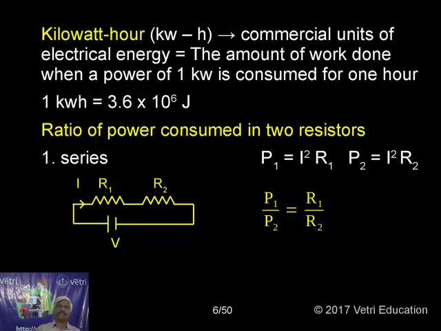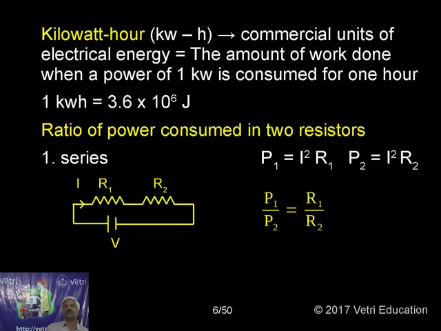If it is multiplied by 1000, then it is called kilowatt. If anybody consumes 1000 watts of power for 1 hour, that is called kilowatt hour. So what is the meaning of kilowatt hour? Consuming power of 1000 watts for 1 hour is called kilowatt hour.